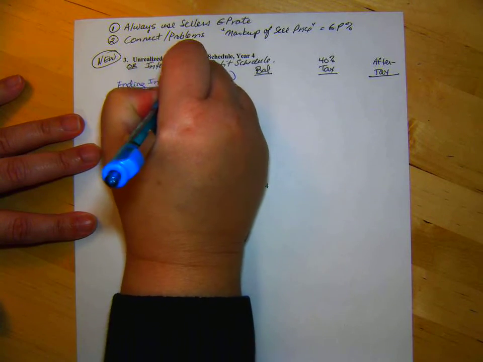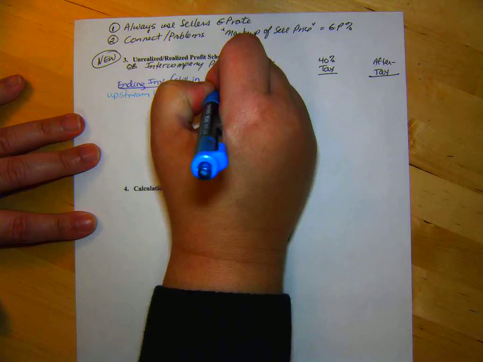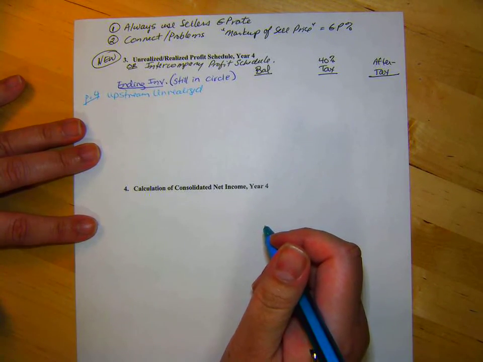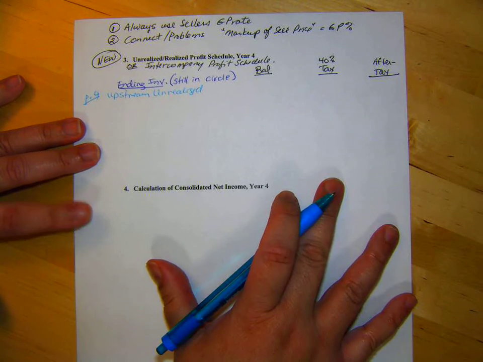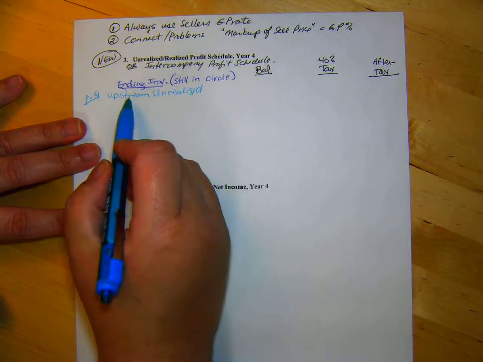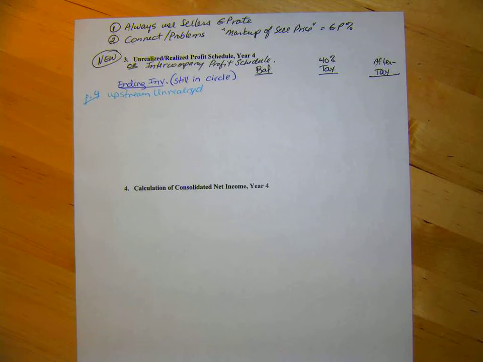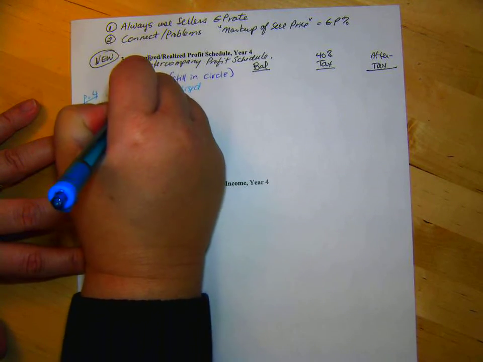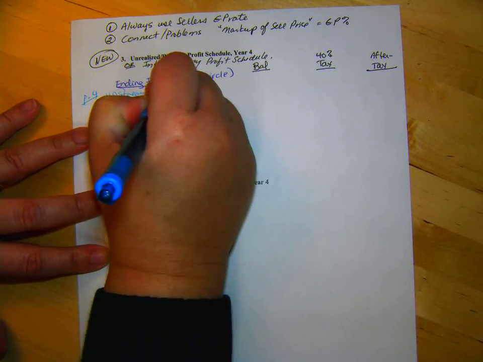Upstream unrealized. And I'll just put page 4 so you know. Now, if it's upstream, who's selling? So the sub is selling. So we're going to use the sub's GP percentage.